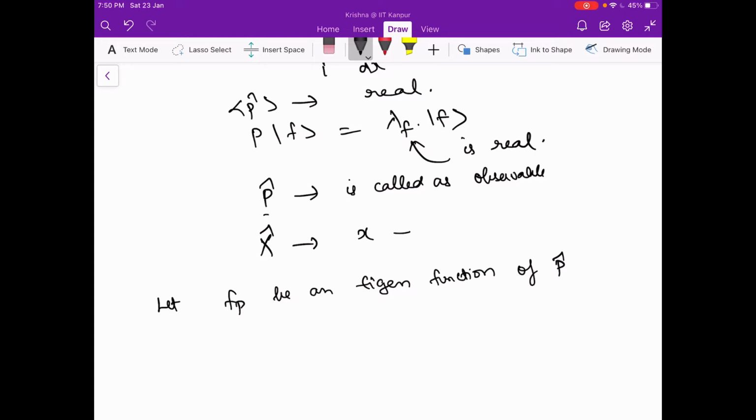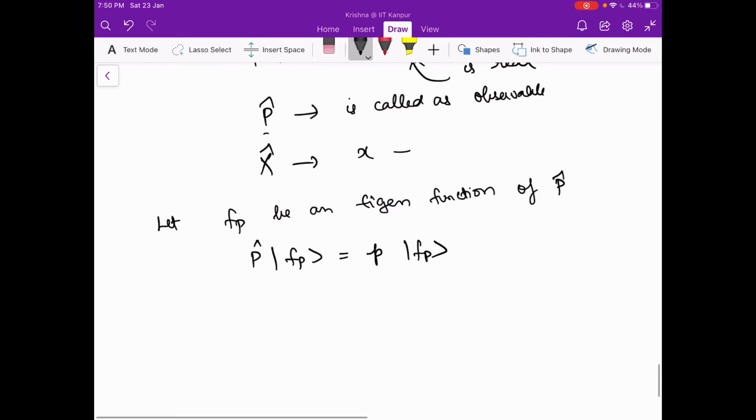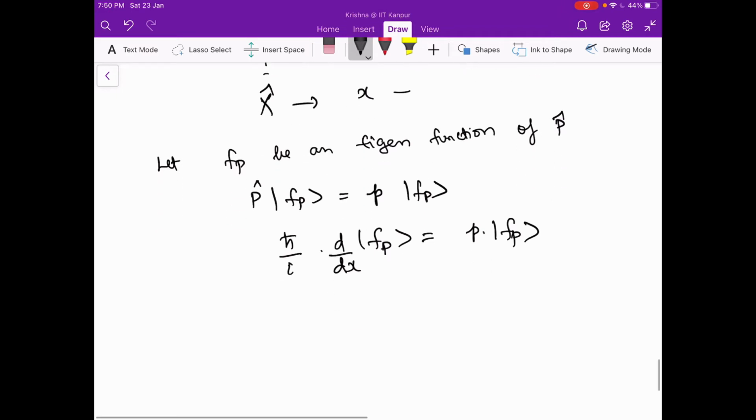So what it means is p acting on f_p gives me small p times f_p, and we know this p is real, correct? So let me write this: h bar by i d by dx of f_p is p times f_p, correct? So what's the general solution of f_p?